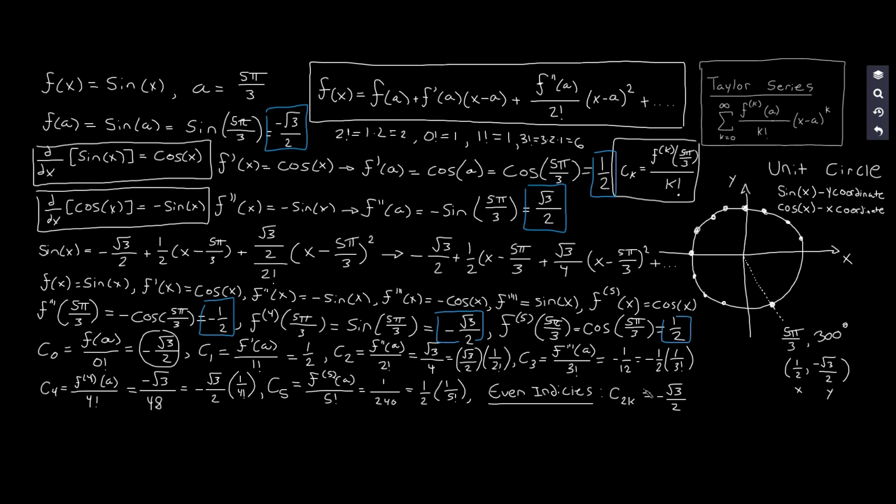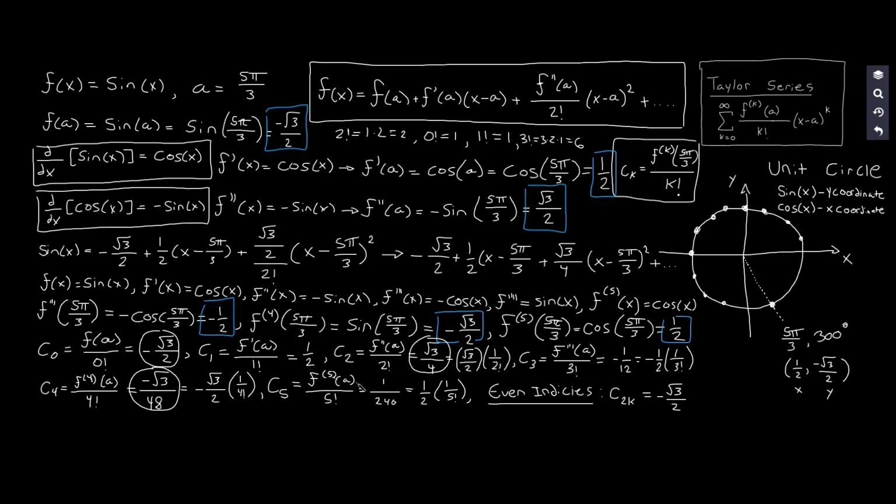Interesting. So we're analyzing the indices that are even. C sub 0 is negative root 3 over 2. C sub 2, we get positive root 3 over 4. Then C sub 4, we get negative root 3 over 48.